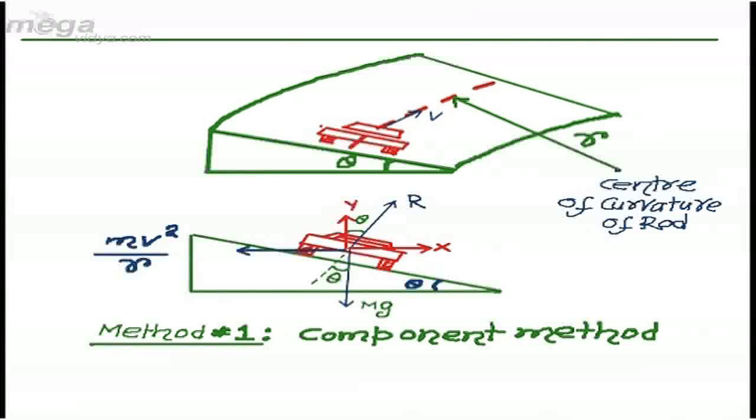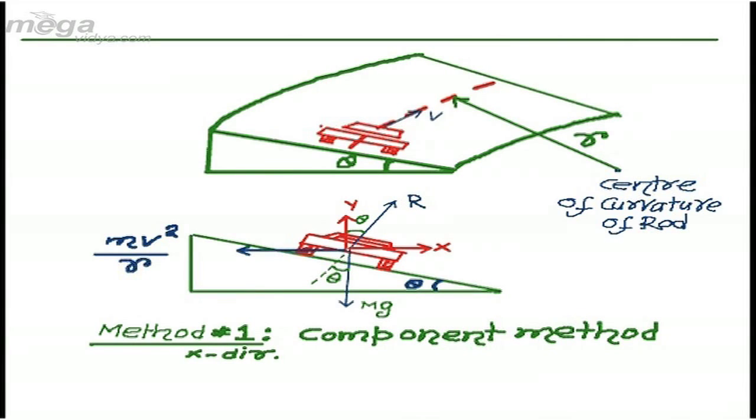If I talk about the x direction, then obviously there will be one component of this reaction R along the horizontal direction, which can be taken as R sin theta, and this is compensated by mv square by r.